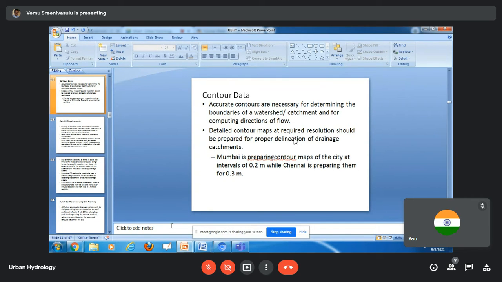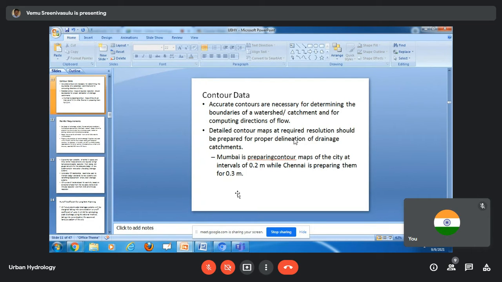So this is just a brief, you can say the abstract, of what urban hydrology is. Therefore, as I said, the data is very important. Contour data: generally, if you go to any municipality, they won't maintain this type of data.